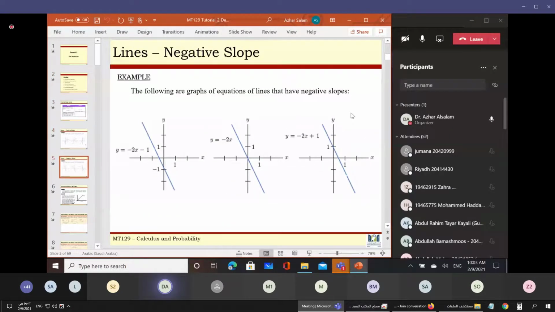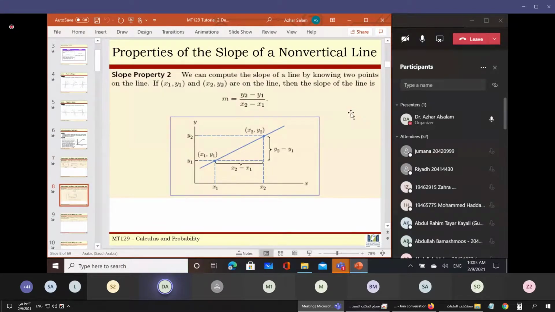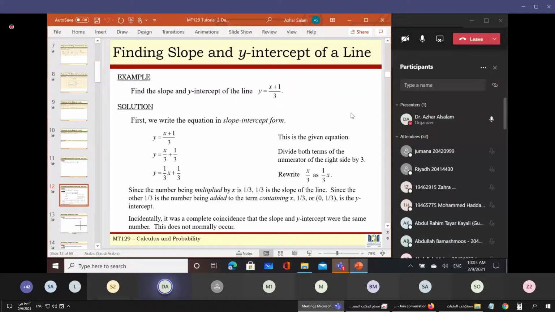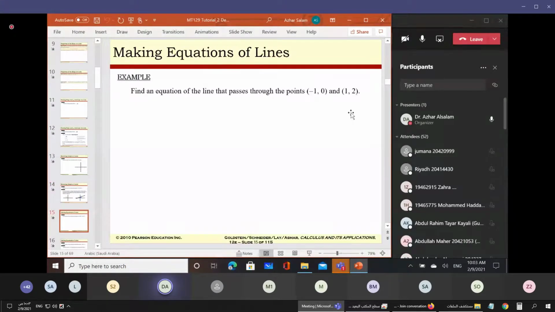This was the straight line. Take the slope of the straight line, a line, and how to graph a line in the plane using either a slope and a point or using 2 points.